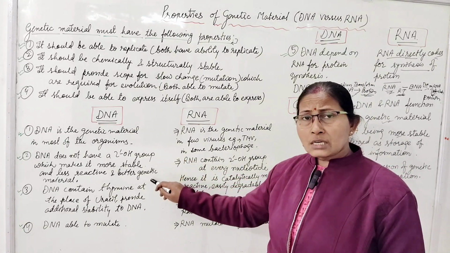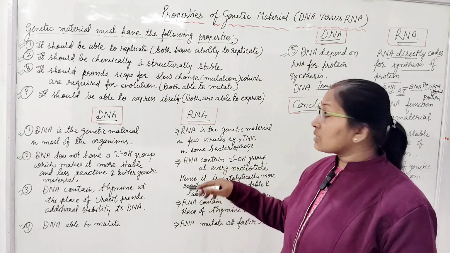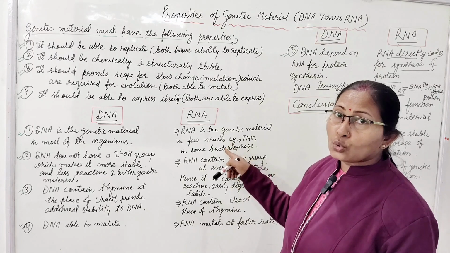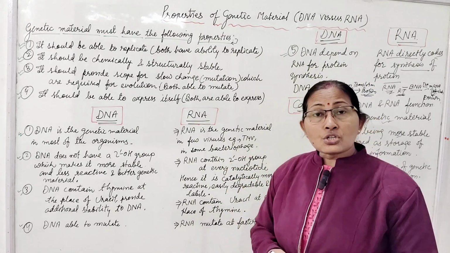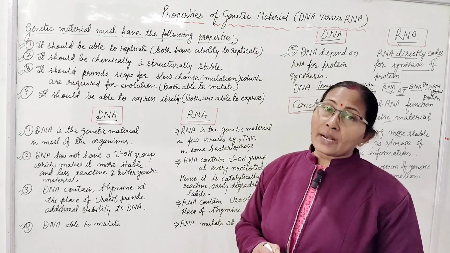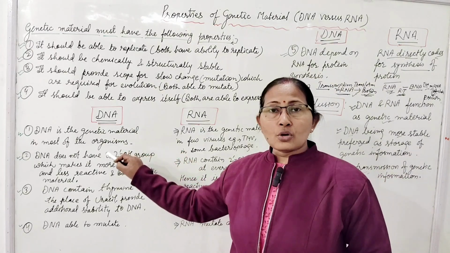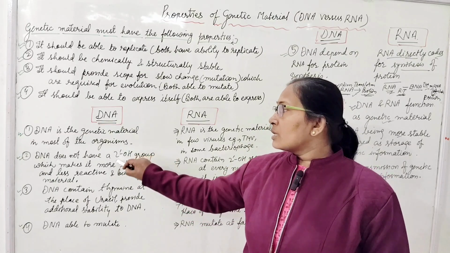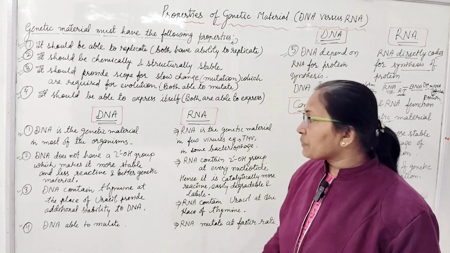So DNA is more stable compared to RNA. RNA is degradable due to the presence of two hydroxyl groups, while the absence of the hydroxyl group at the second carbon of deoxyribose sugar makes DNA more stable and less reactive.